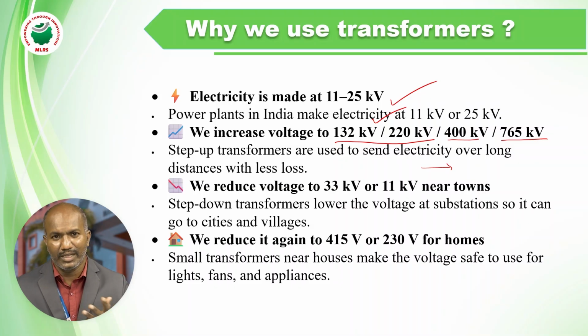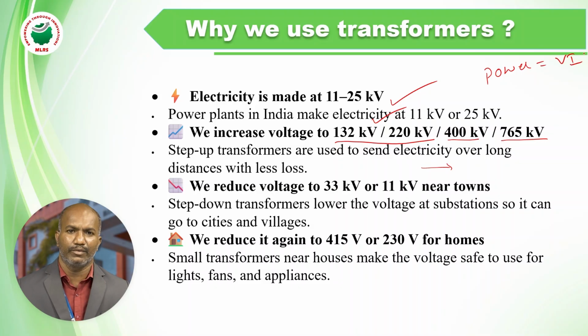What we are doing with the transformer is raising the voltage level near the generators. Raising the voltage level means we are reducing the current level. Overall power is constant. We know that power is given by V into I, the product of voltage and current. So here we are increasing the voltage level.